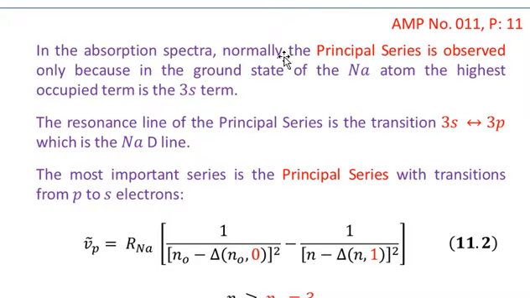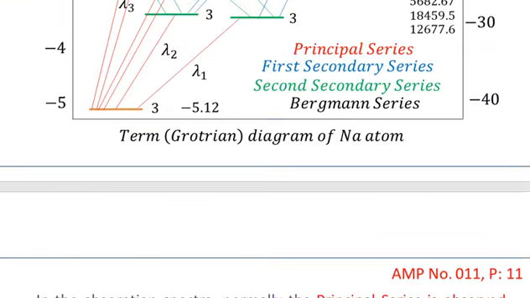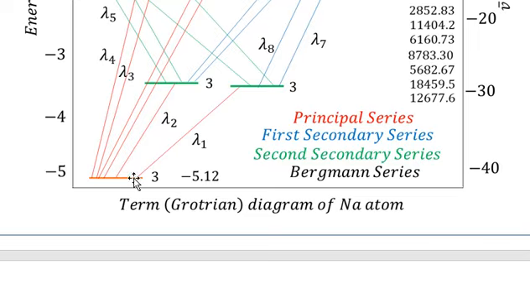In the absorption spectra, normally the principal series is observed, because the principal series extends from the ground state to the excited levels above it. This can be observed at moderate temperature or room temperature.